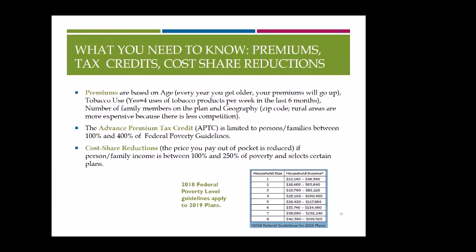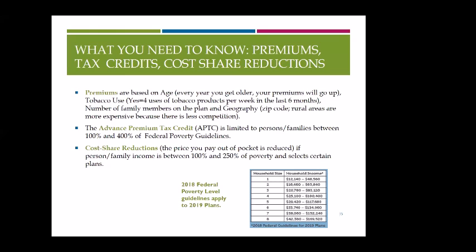The Advanced Premium Tax Credit, APTC, is limited to folks between 100% and 400% of the federal poverty guidelines. An additional layer of savings are the cost share reductions. So this is when the price you pay out of pocket is reduced. These reductions are for folks whose income is between 100% and 250% of the federal poverty guidelines, and for those folks who select certain plans.